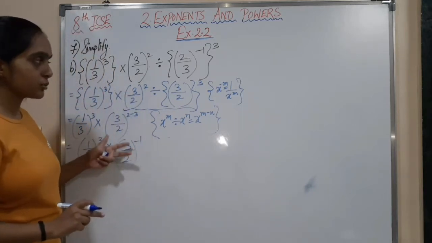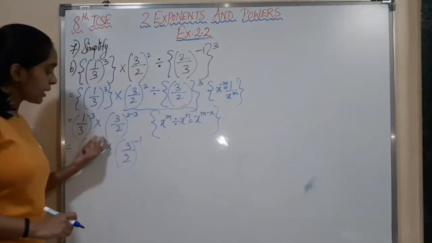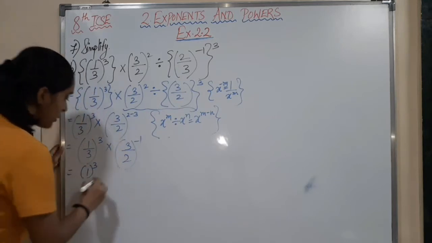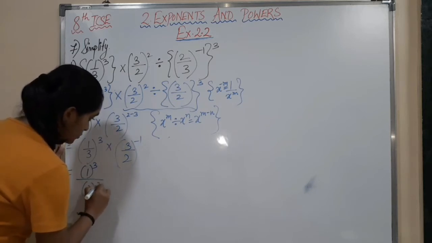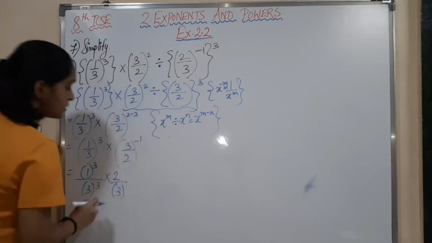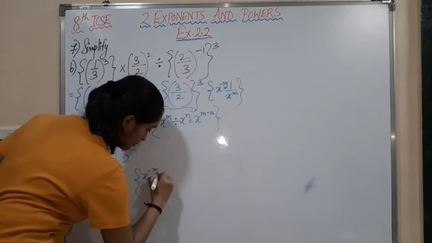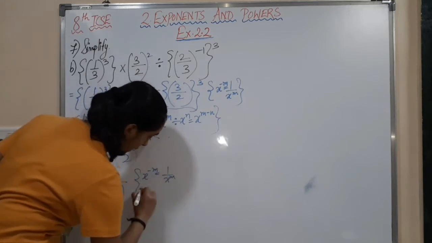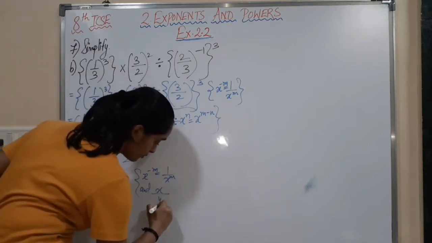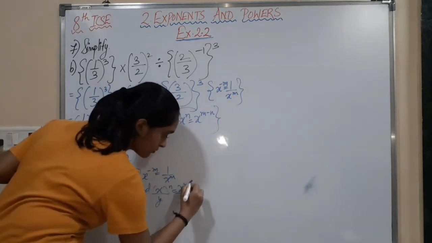So now we will take the reciprocal of this number by using this law, and for this we will separate the powers. Okay. So you will get 1 raised to 3 upon 3 raised to 3 multiplied by 2 upon 3, by using the laws x raised to minus m equals 1 upon x raised to m, and (x upon y) the whole raised to n equals x raised to n upon y raised to n.